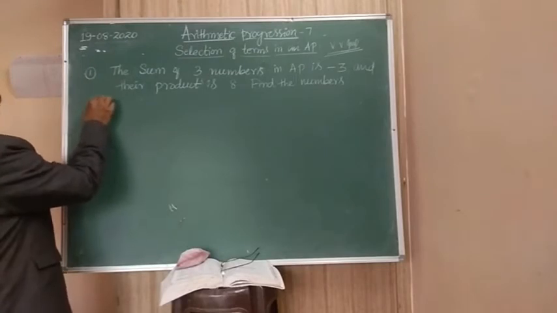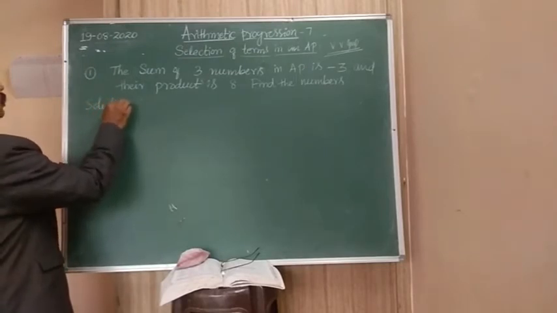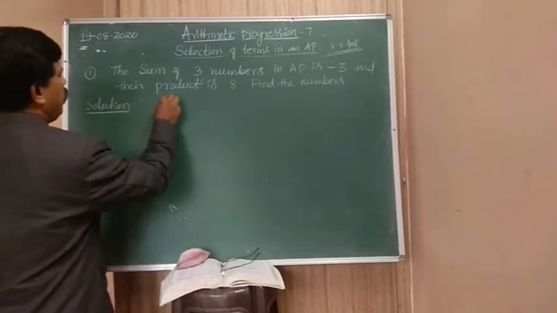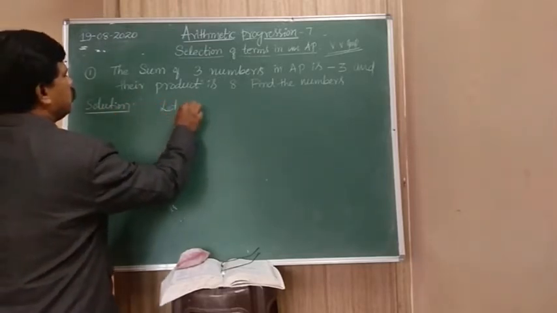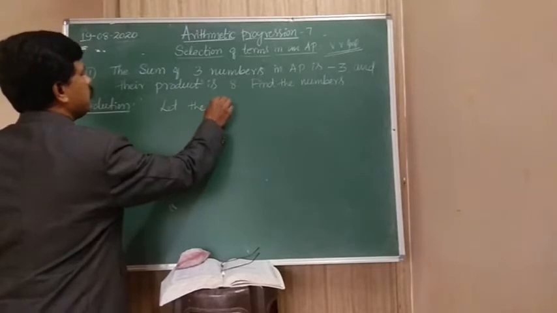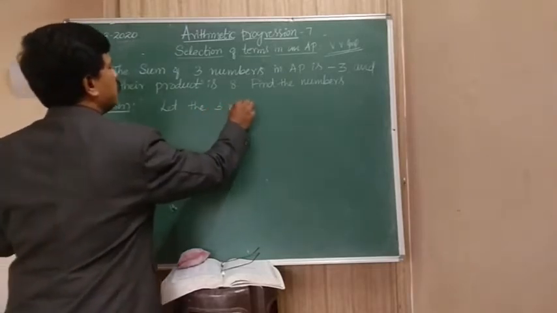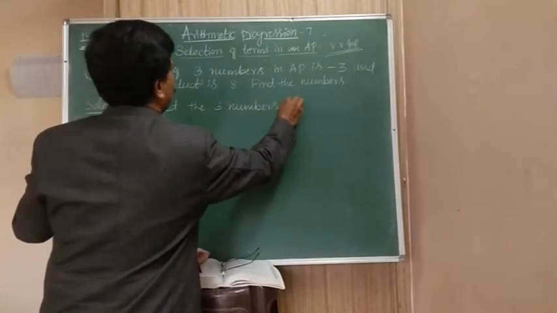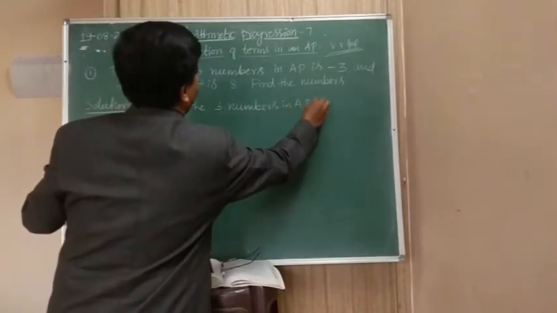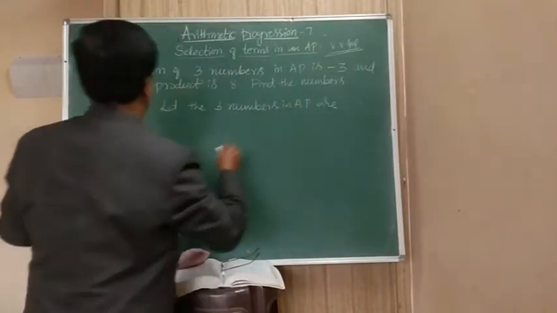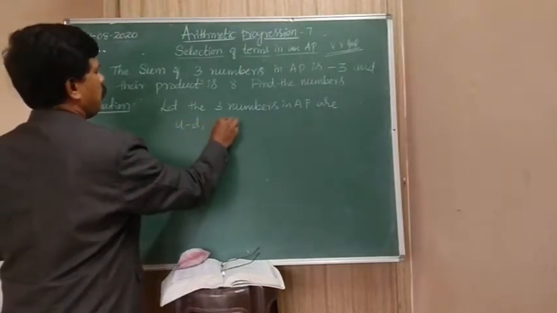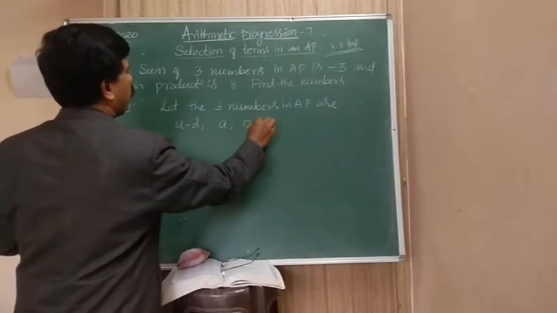Solution. Let the three numbers in AP be a minus d, a, a plus d.